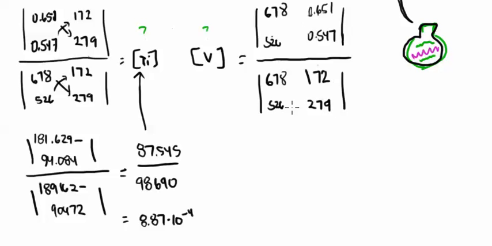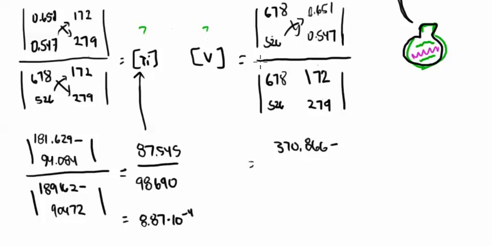Alright, the same thing is going to happen here with vanadium. What I can do is cross multiply, and we'll work through it step by step, and you can follow along on your calculator if you need to. You take 678 and multiply by 0.547, and you should get 370.866 minus, and then you do the same thing to the other two numbers.